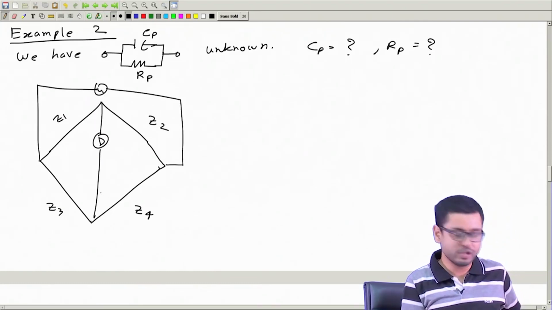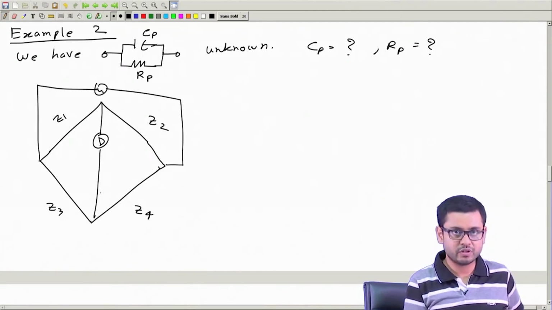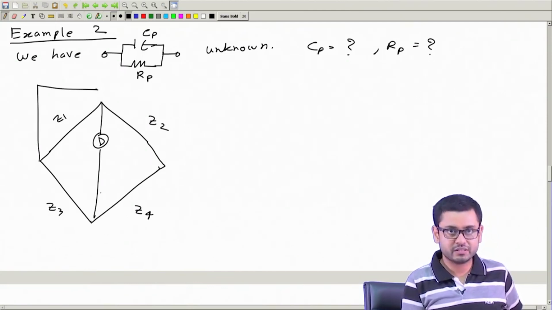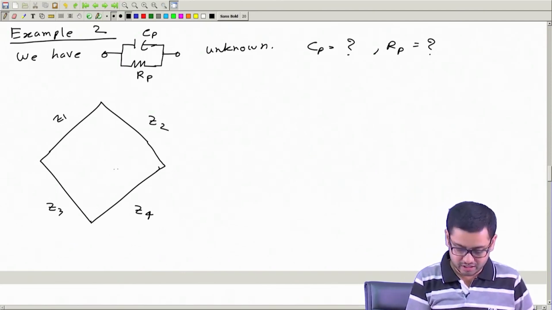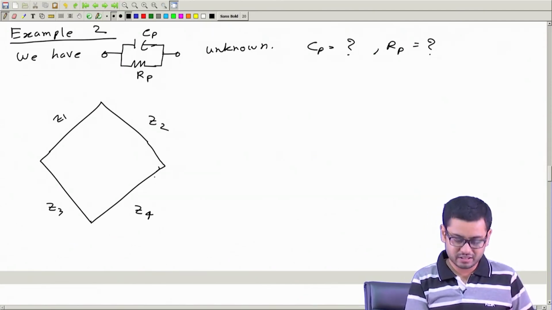The balance condition will be the same. Convince yourself. Since the balance condition will be the same, we are not putting the detector and the source, to keep the diagram clean.